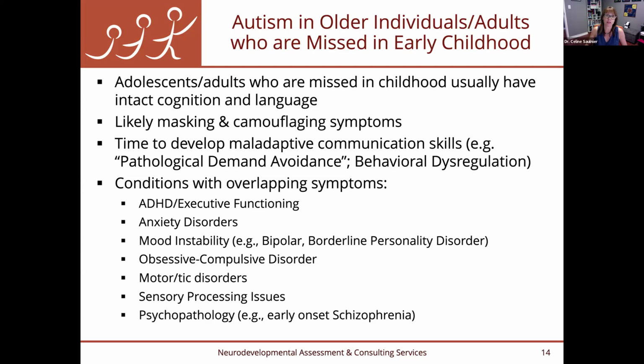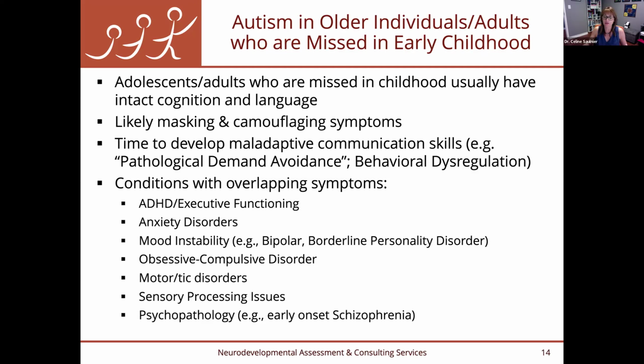Or they have more prototypical symptoms, but given the changes in our diagnostic criteria, they were missed in early childhood because they didn't actually meet criteria. Some of these individuals were actually evaluated as children, but someone said they fell below the threshold and were never given the diagnostic label that now has changed, and they would fall under it.